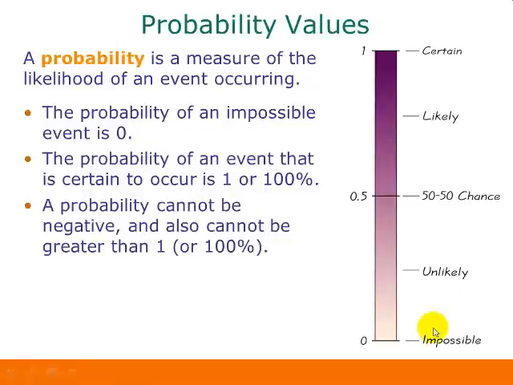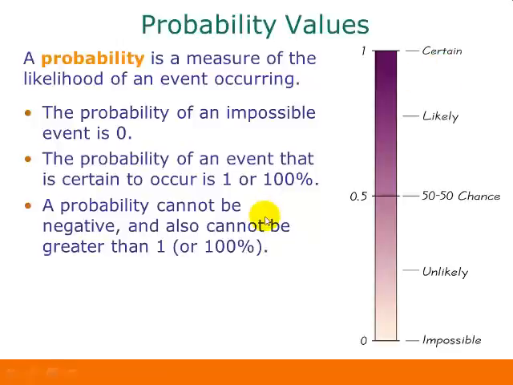And then we have all these possibilities in between. If the event is unlikely, we would have it down here with a small probability. If it's likely, we would have it up here closer to the 100%.